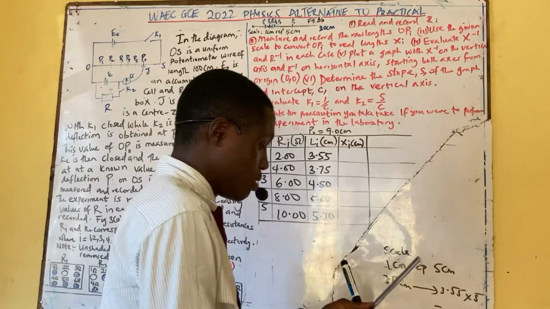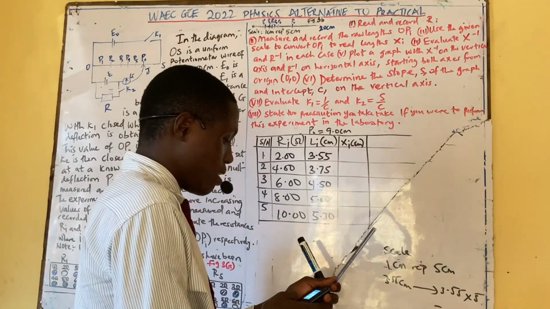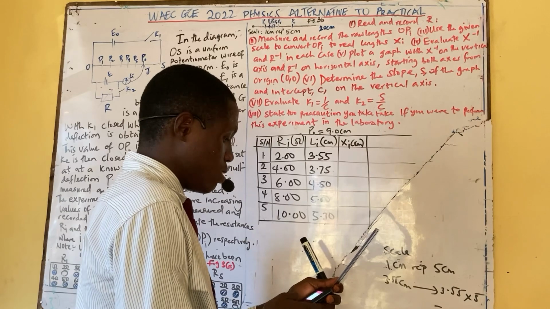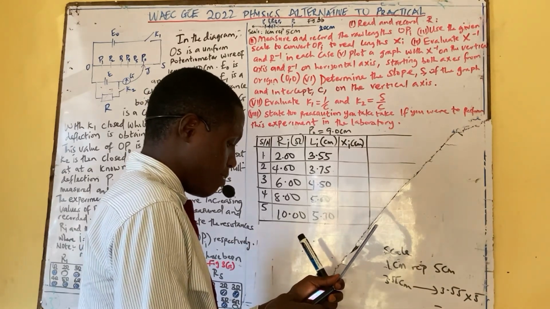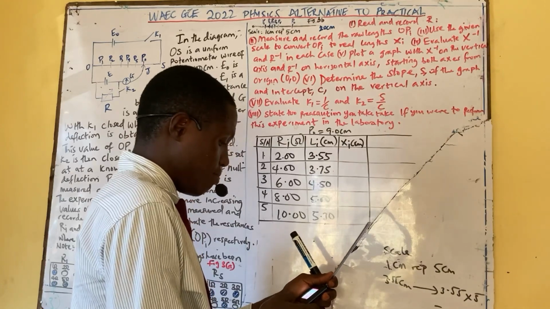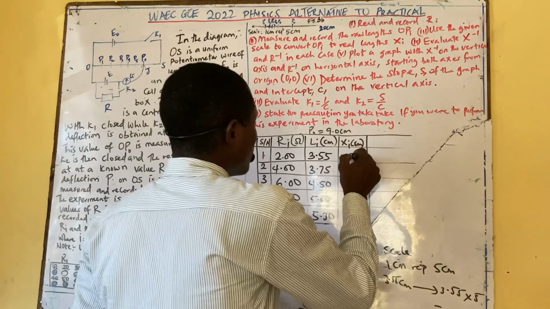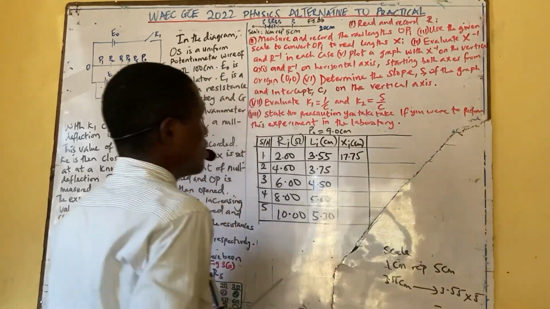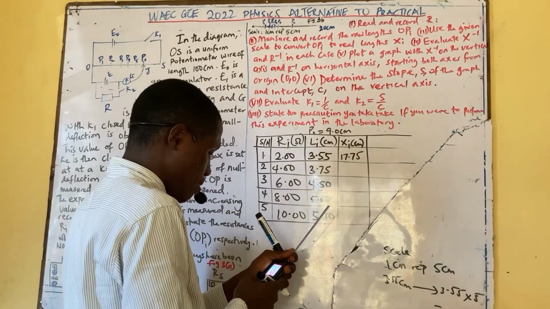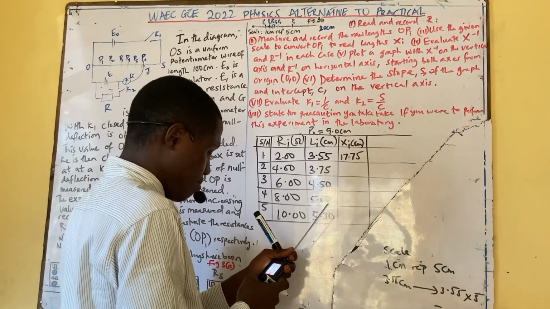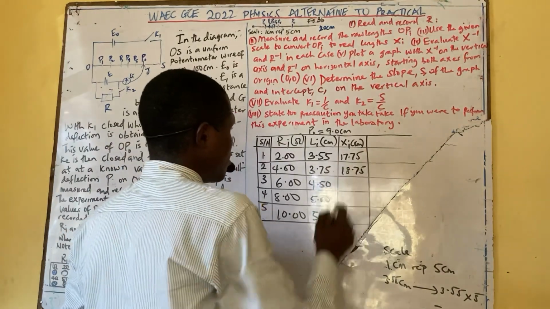You take your calculator and do your calculations. 3.55 multiplied by 5 is 17.75. 3.75 multiplied by 5 is 18.75.